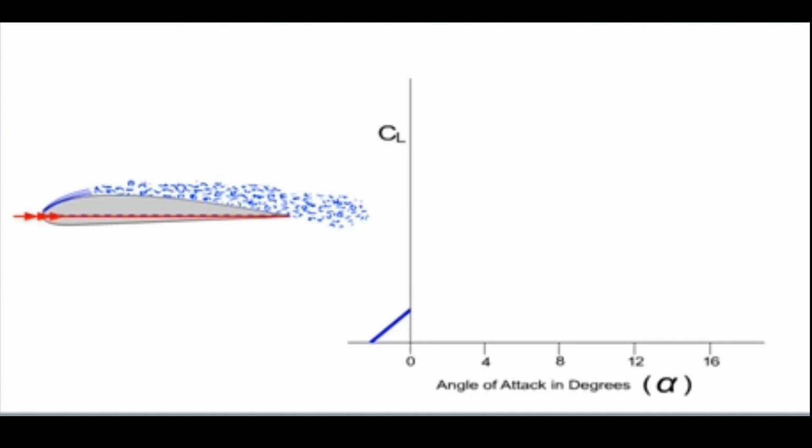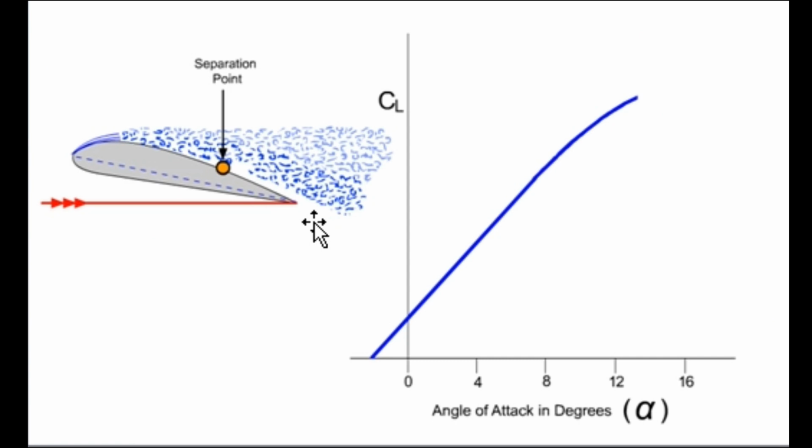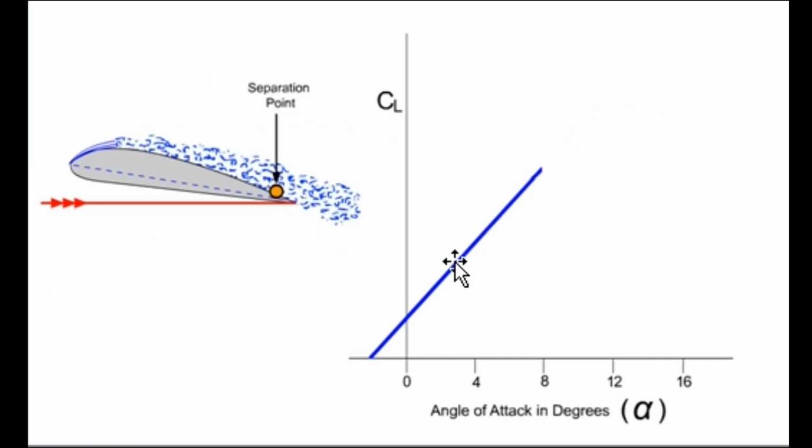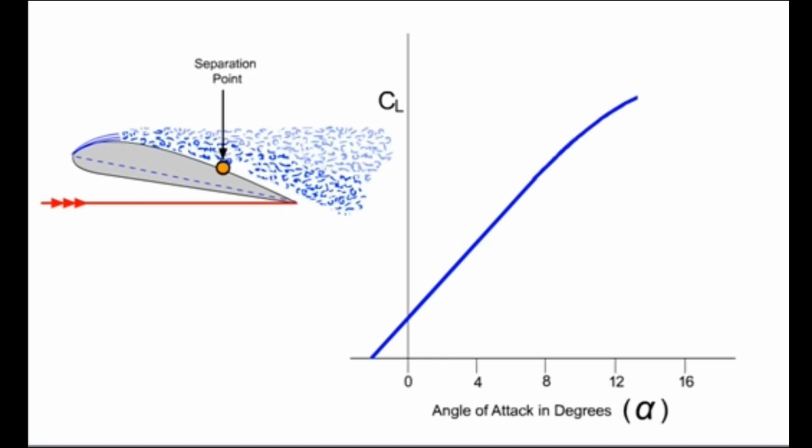Now moving on to the next diagram, the coefficient of lift is slightly increased here, and when you have 8 degrees angle of attack, it starts having a separation point, that is the airflow is no more attached to the wing, it is starting to separate.